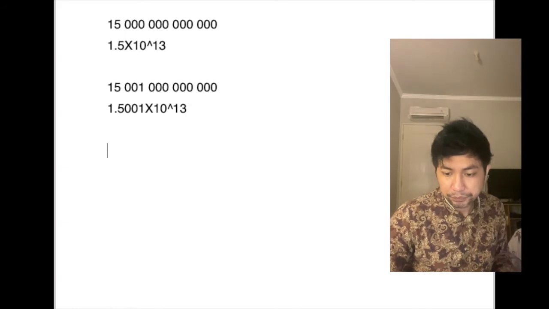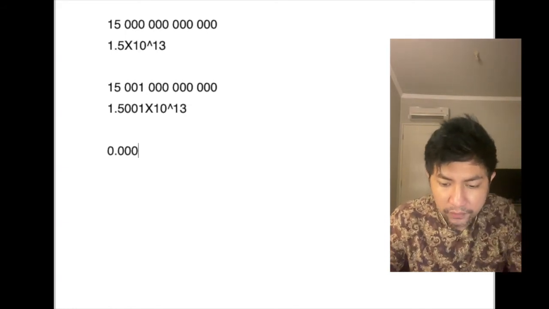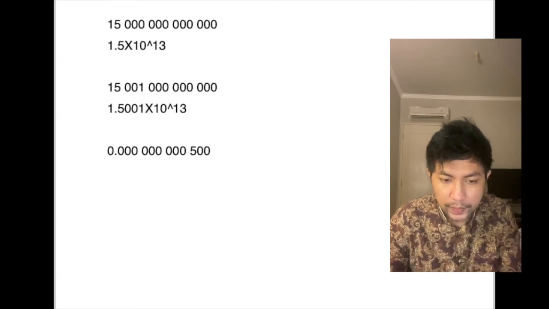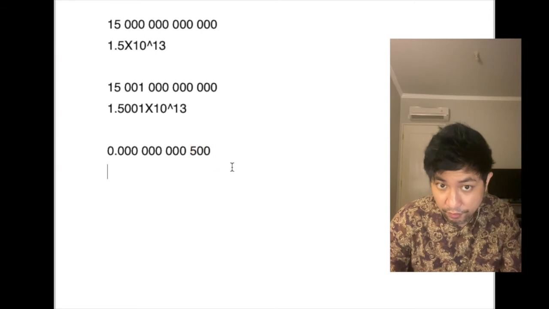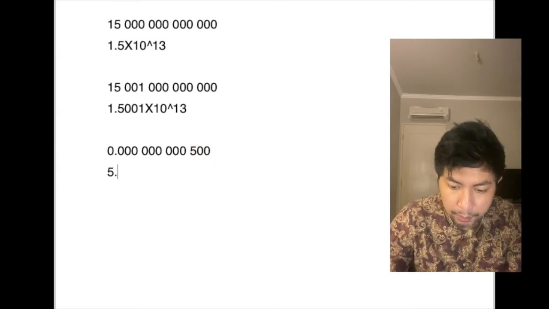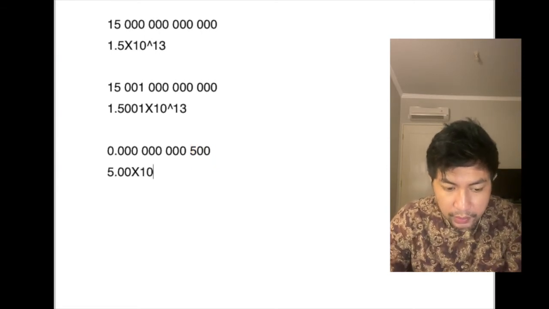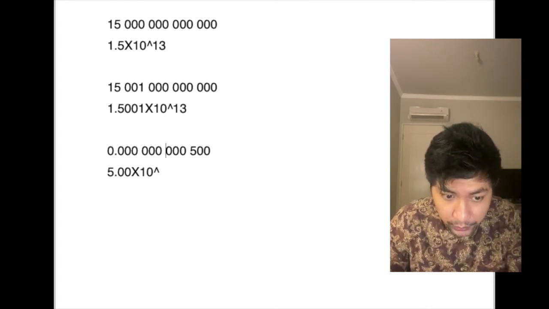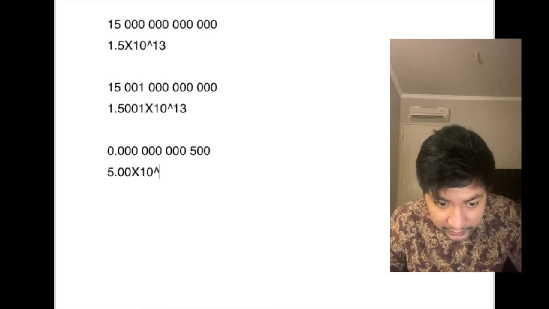What if we have a smaller number? What do we put in the mantissa? It's the significant figures, the 500. So it's going to be 5.00 times 10 raised to how many times we moved the decimal point: 1, 2, 3, 4, 5, 6, 7, 3, 6, 9, 10.